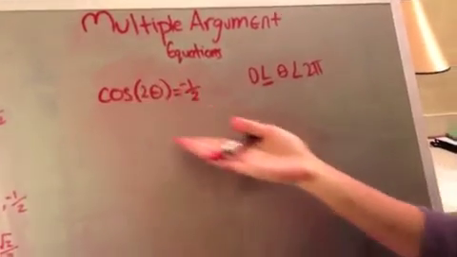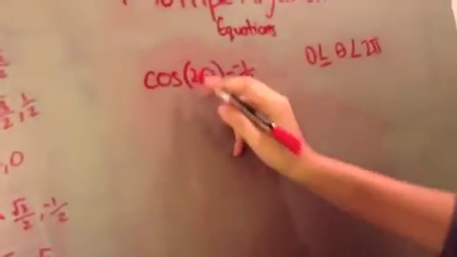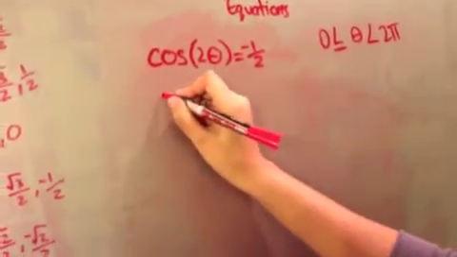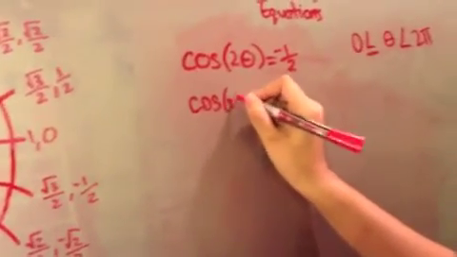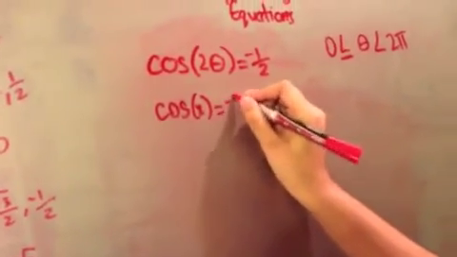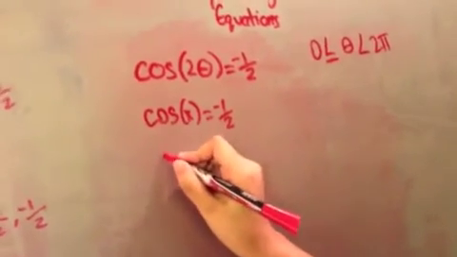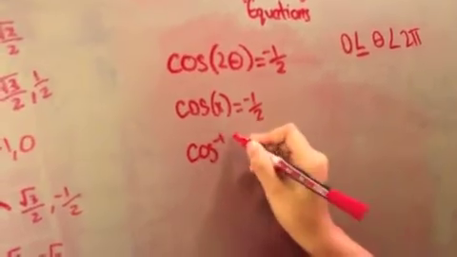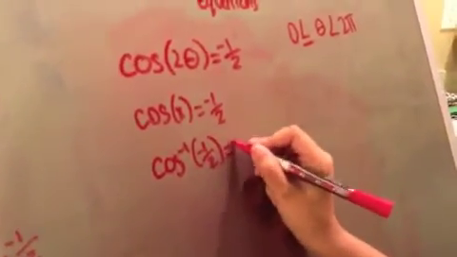And now we're going to go over another example. In this one we have 2 theta. So 2 theta is going to get replaced by x as we did in the previous one. So it'll be cosine of x equals -1/2. And then you make it an inverse, so it becomes inverse cosine of -1/2 equals x.